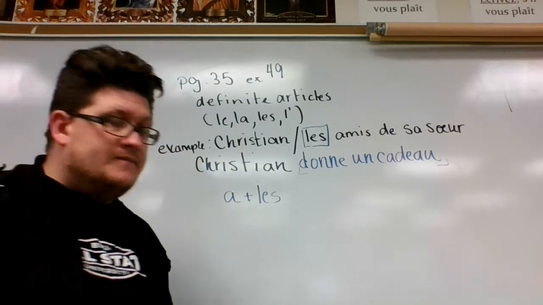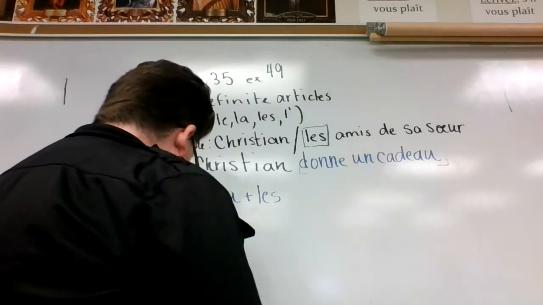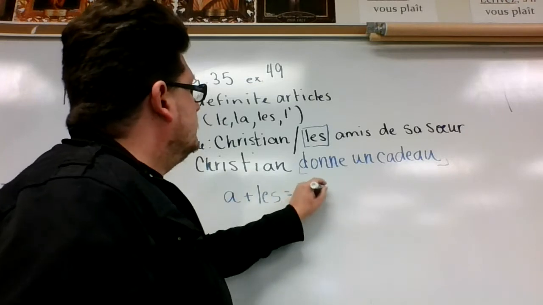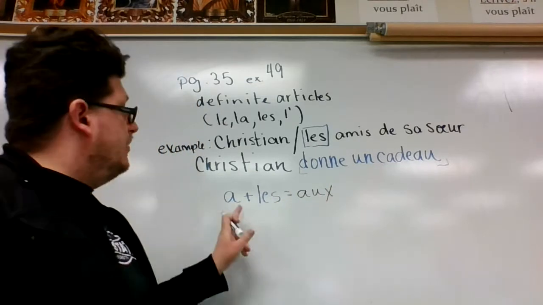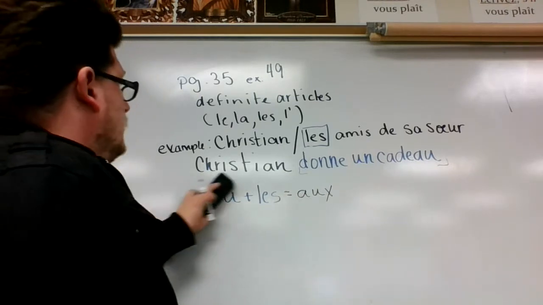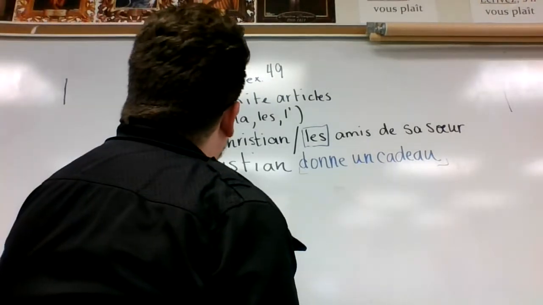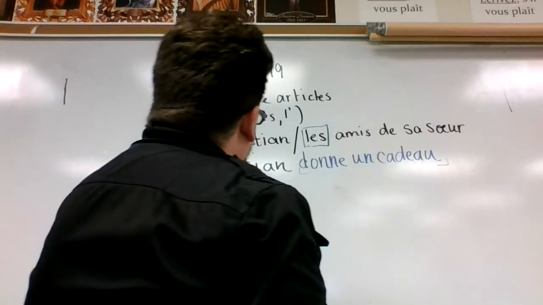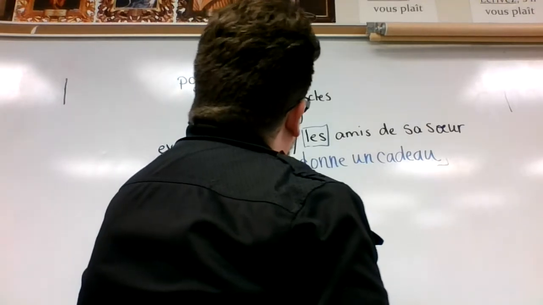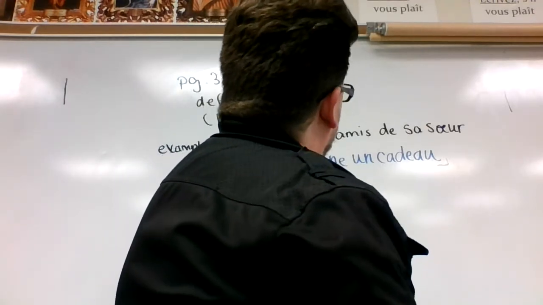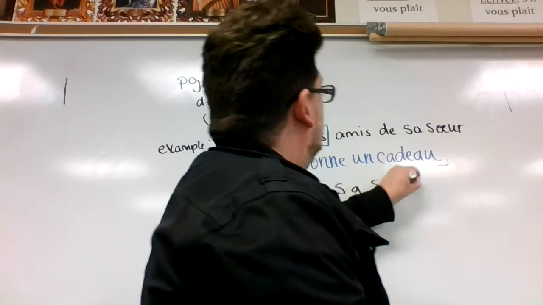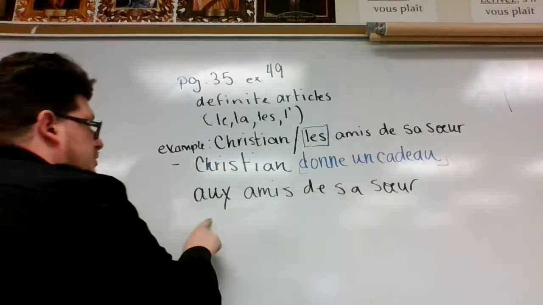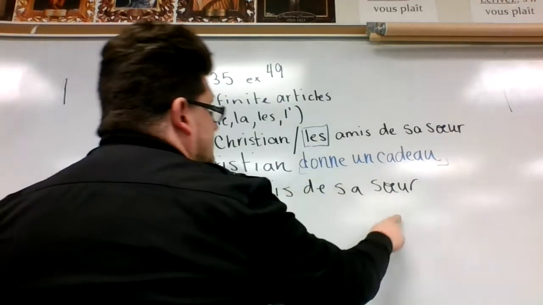If you remember, when we have à plus les, it changes to aux. So both of these disappear, and what we have left is aux. So this goes away, and now we have amis de sa sœur. Now we're saying Christian gives a gift to the friends of his sister.